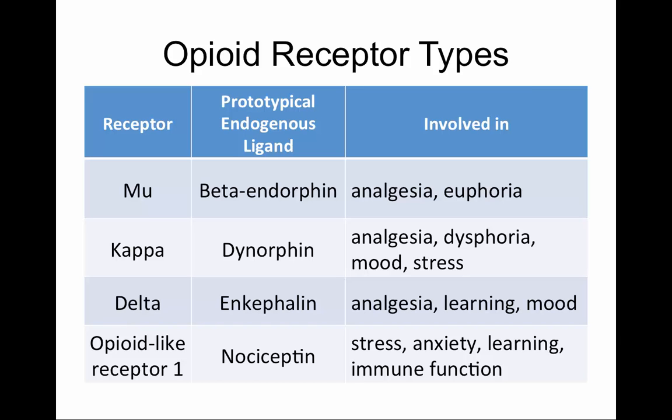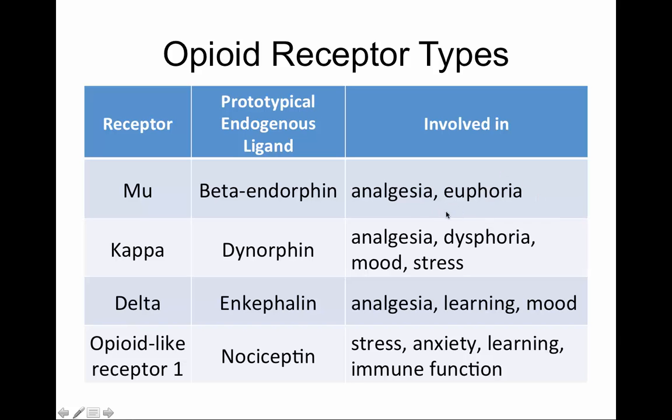For the opioid receptors, there are 4 categories of subtypes: mu, kappa, delta, and opioid-like receptor 1. The endogenous ligands for these receptors are listed in the table, as well as some of the effects that these receptors have in the whole organism. You can see that mu opioid receptors are involved in both analgesia and euphoria.